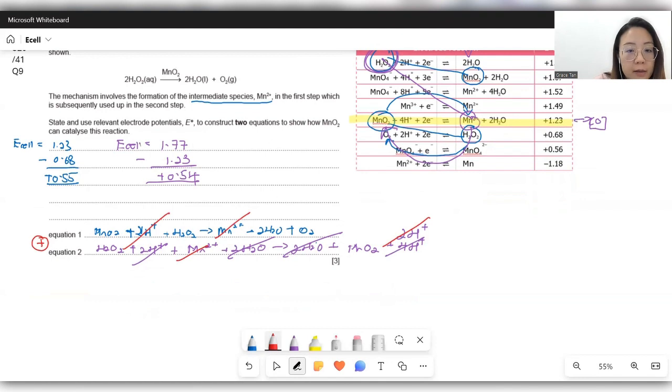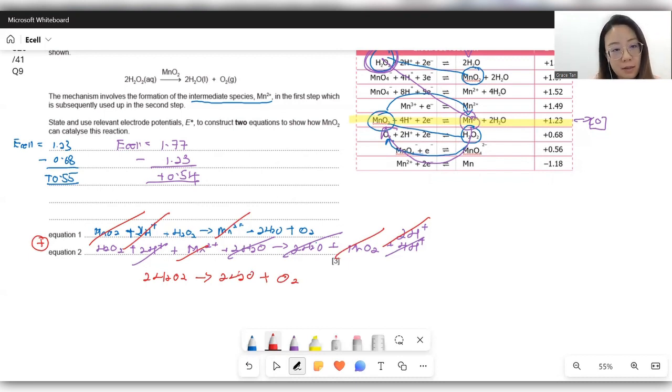And MnO2 is the catalyst. You use it in equation 1, but you regenerate it in equation 2. So what is left remaining would be 2H2O2 to give 2H2O and oxygen gas. There you go. This is the balanced equation given in the question, but it was catalyzed by the MnO2 solid catalyst. It's a heterogeneous catalysis.